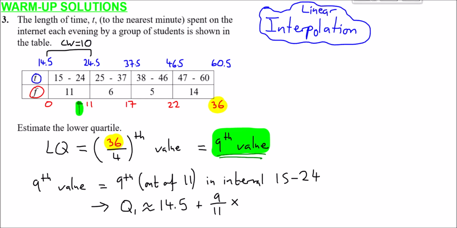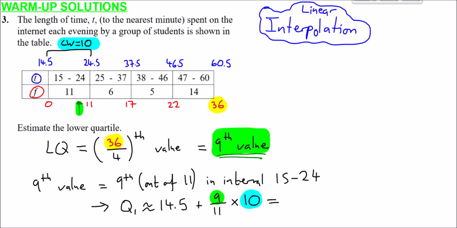So the class width of this interval is 10. So we start at the beginning of the interval that the lower quartile is in, and we want to go 9/11ths of the width into that. And it's 9 because it's the ninth value, and there's 11 values in this interval.